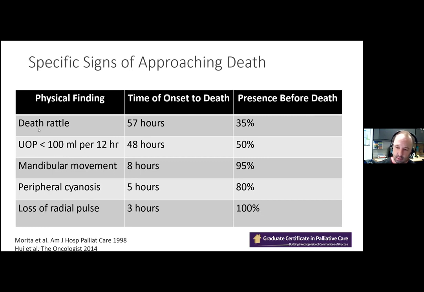The one I included here is urine output less than 100 mils per 12 hours, or I've also seen if it's less than 50 in an 8-hour shift, then that's predictive of a prognosis of less than 72 hours survival in the one I mentioned earlier, and in the case of less than 100 per 12-hour shift, up to 48 hours survival.